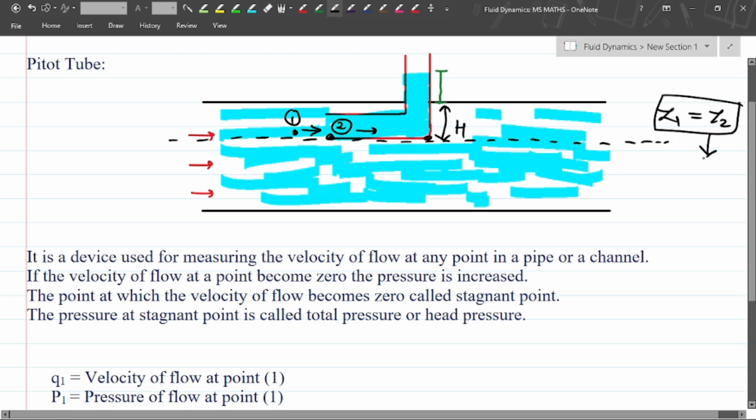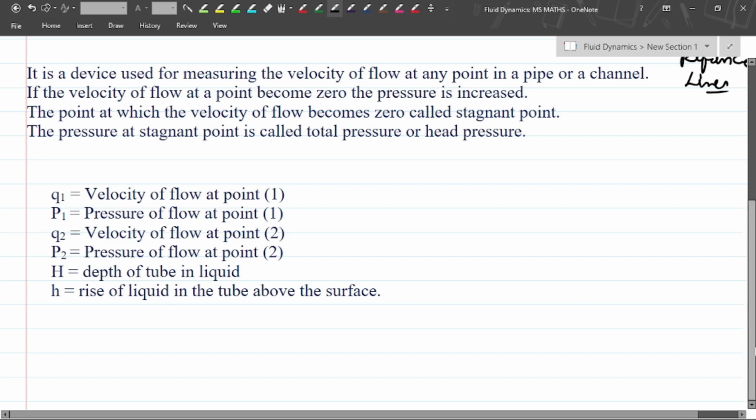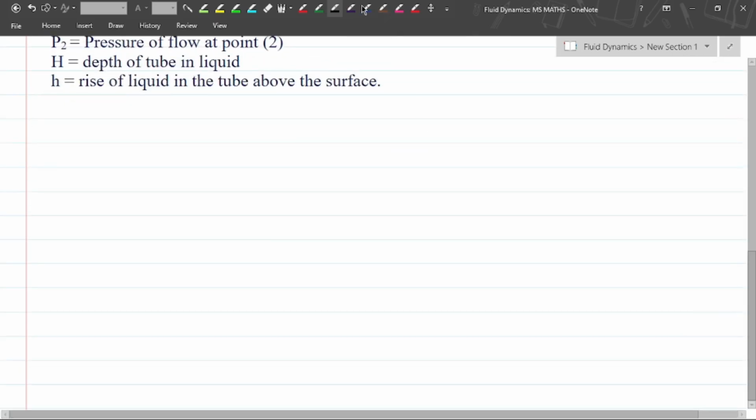This is the height of the tube from the reference line. So we will consider Bernoulli's theorem.